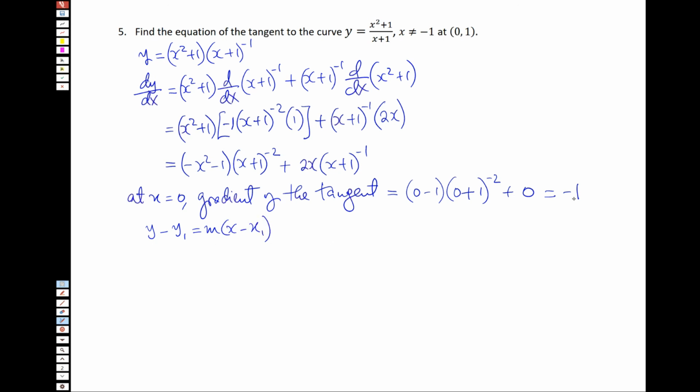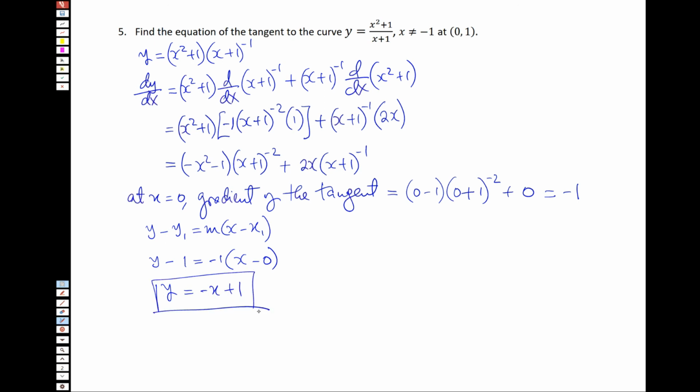Now in our case, m is equal to negative 1, y1 is 1, and x1 is 0. So y minus 1 equals negative 1 times x minus 0, and that implies that y will be equal to negative x plus 1.